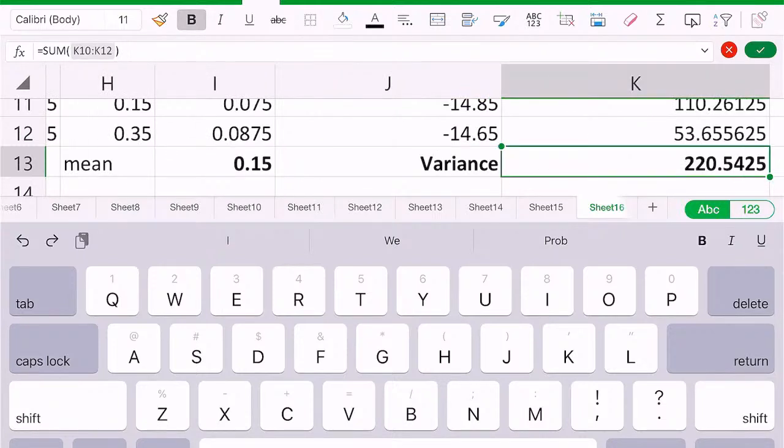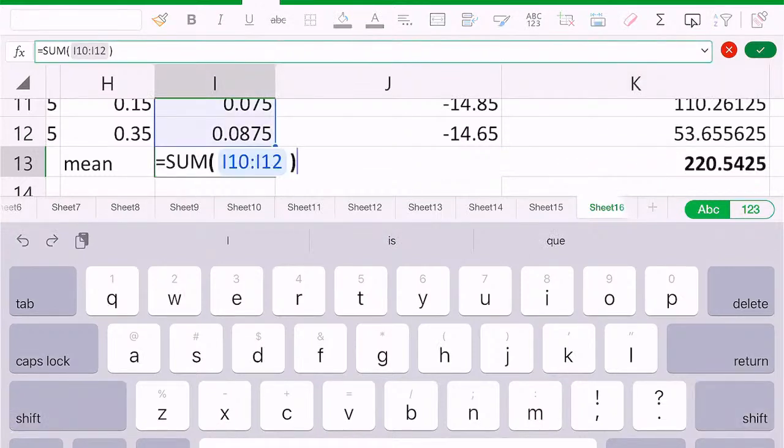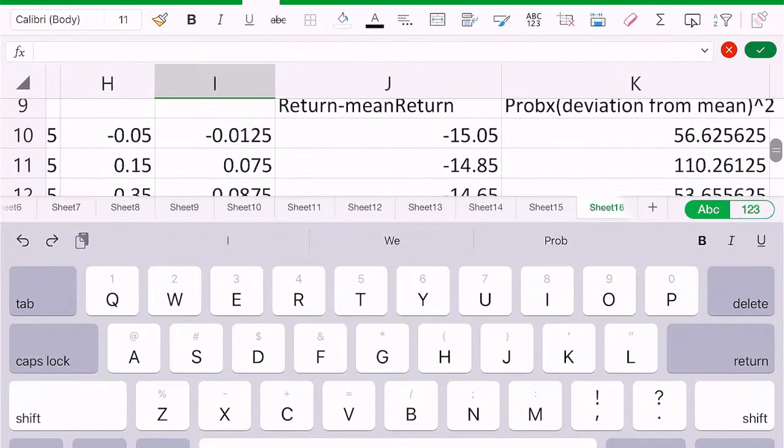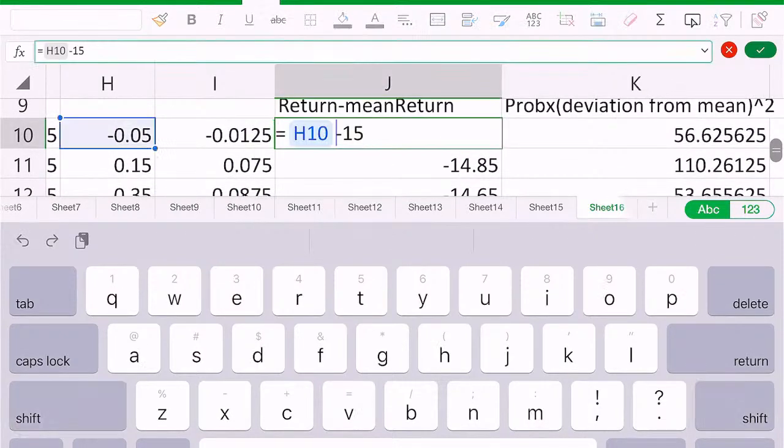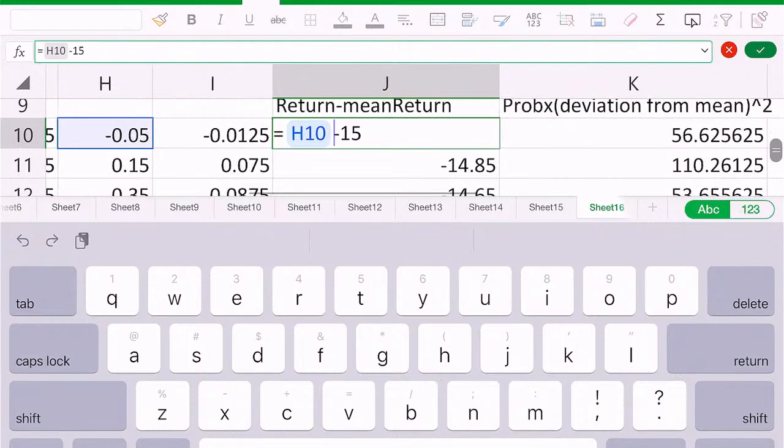Okay. Oh, what happened? Oh, because I have to change this one. I have to change these to 15%, or it doesn't work.